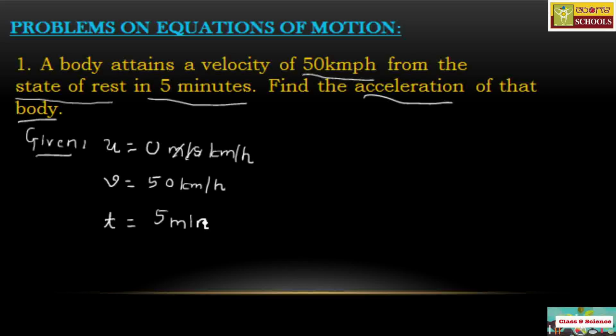Now you have written whatever is given in accordance with the problem. So either you convert the minutes into hours, or you bring all these into meter per second and seconds. Better if you take the acceleration in meter per second square.